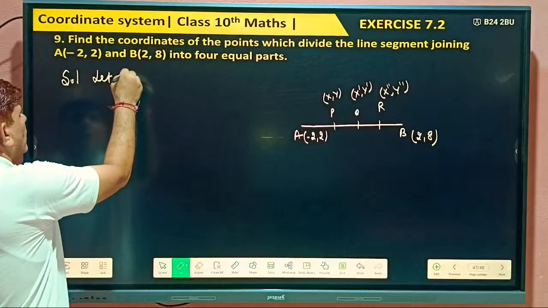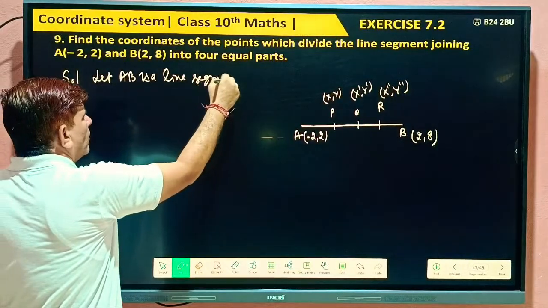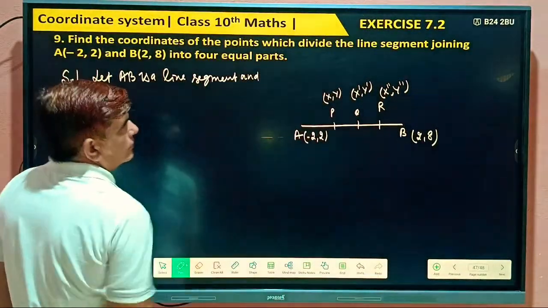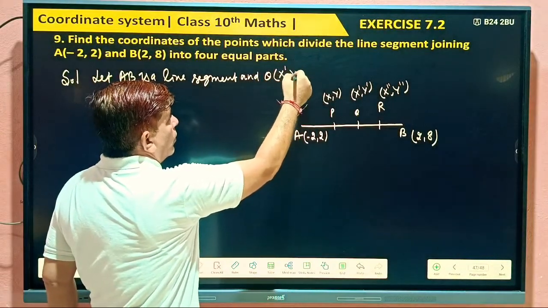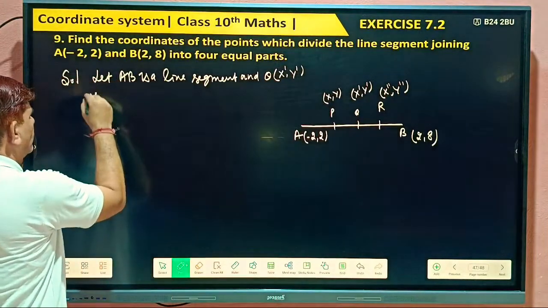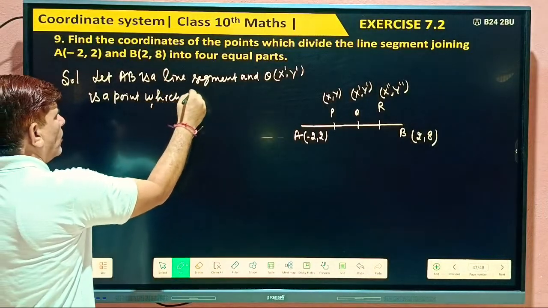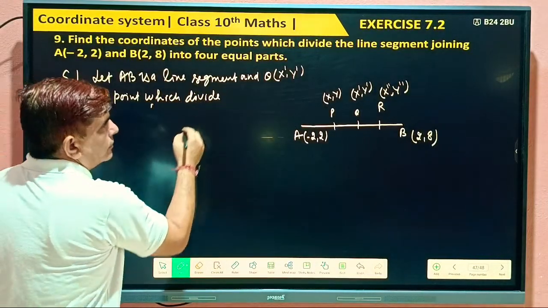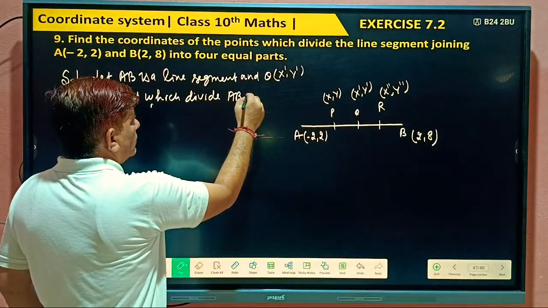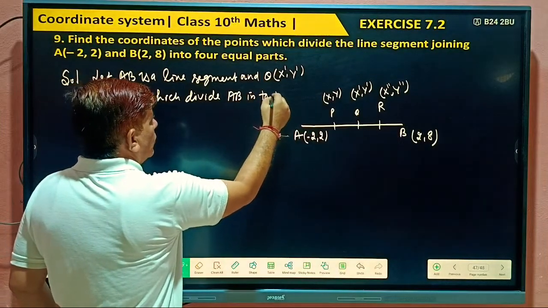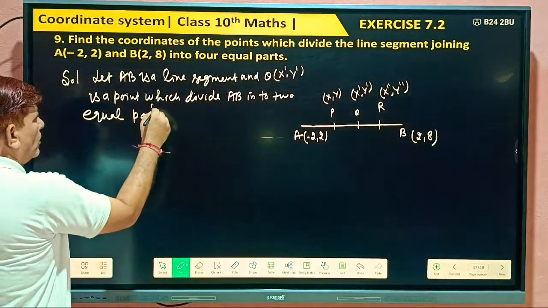Let AB be a line segment and Q is a point which divides AB into 2 equal parts.